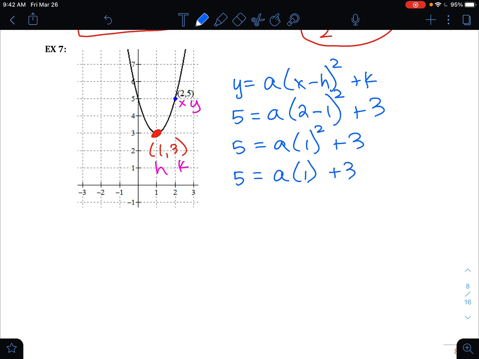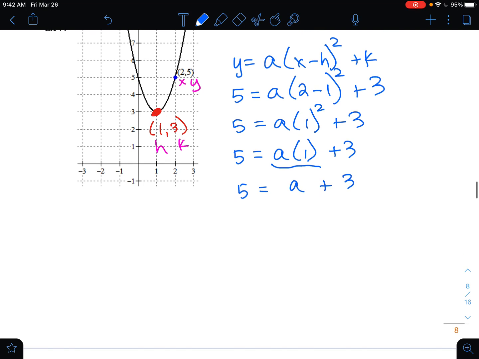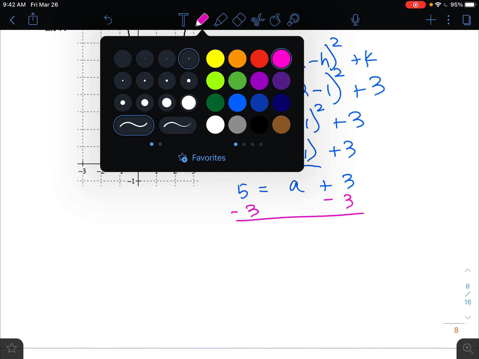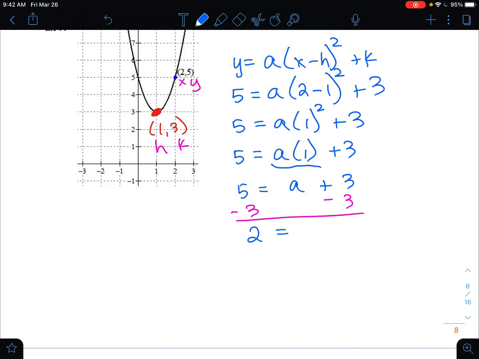But think about this. This is just a times 1, which is just 1a or just a. So we could actually just simplify it to this. And then now we're just going to solve. This is going to be a pretty quick solve here. So solve for a. Okay, so take away your 3. So I get 2.